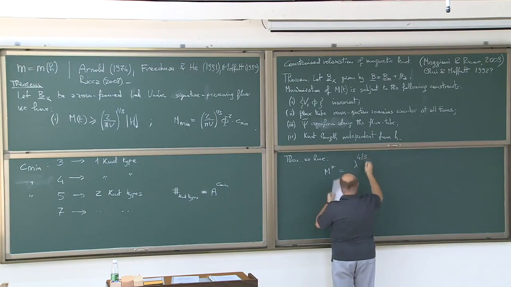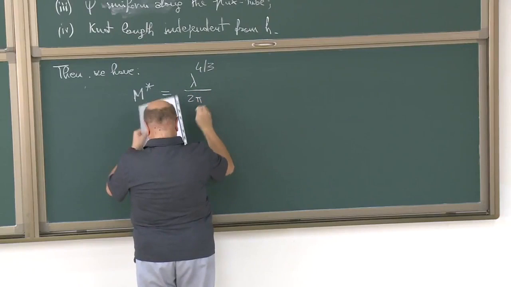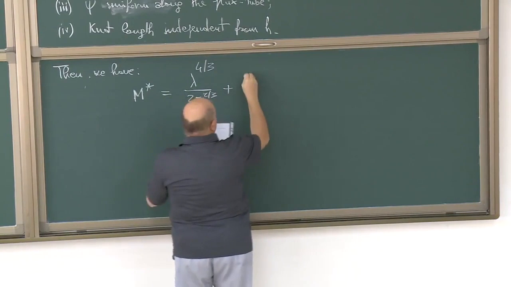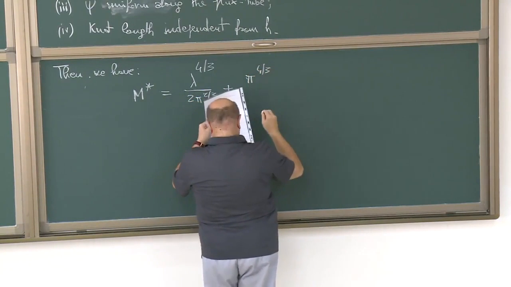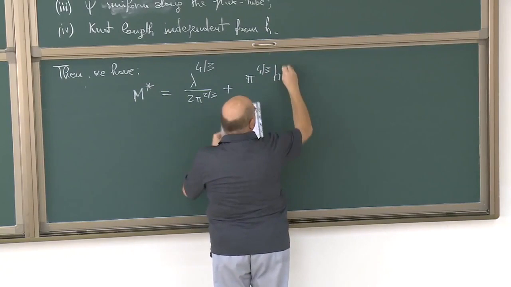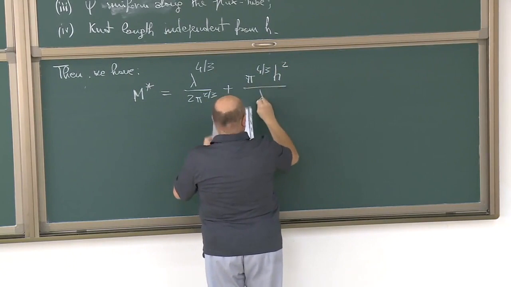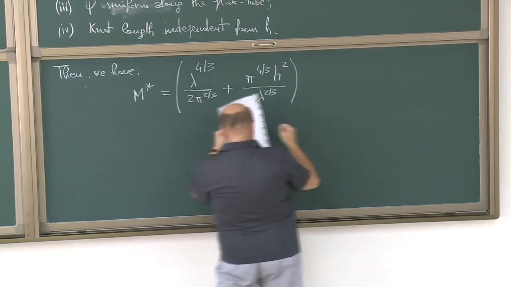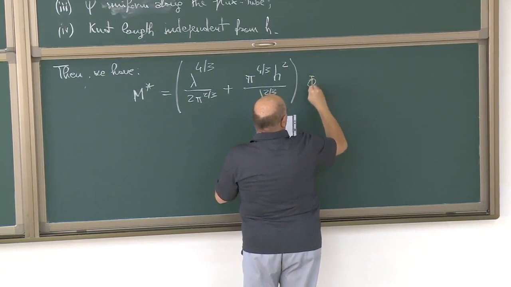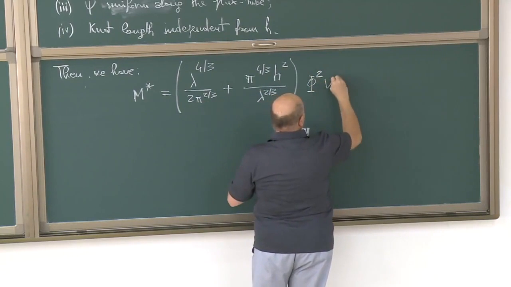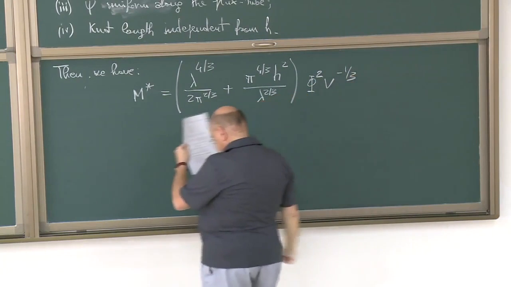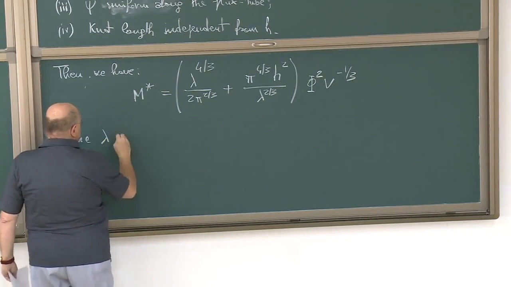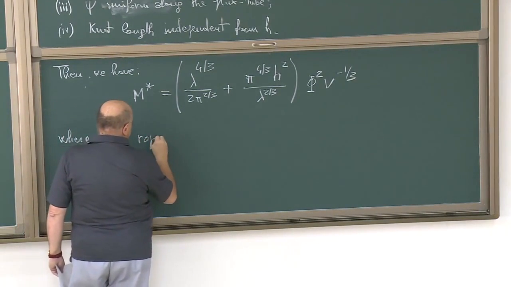Lambda to the 4 third over 2 pi to the 2 third plus pi 4 third h squared over lambda to the 2 third times phi squared volume to the minus a third, where lambda is rope length.